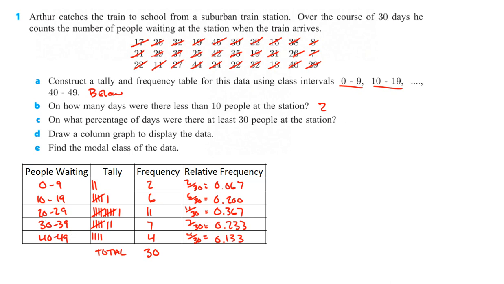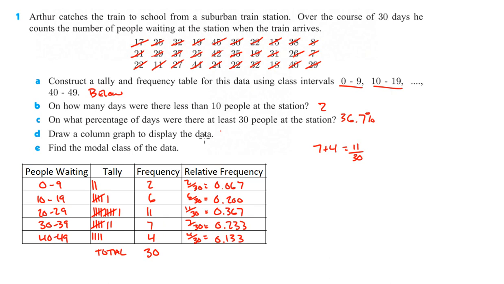So that would be 30 or more, so that's going to be our 7 plus 4 is 11 divided by 30, which we actually figured out up here is 36.7%. Okay.